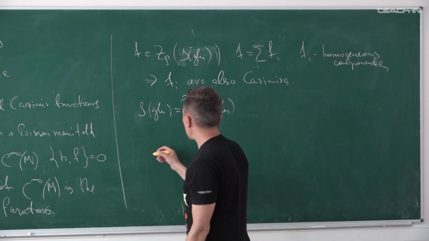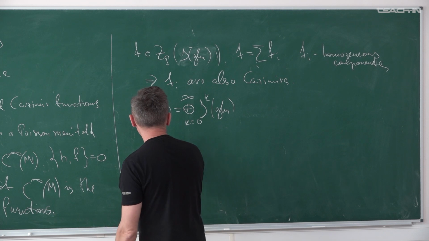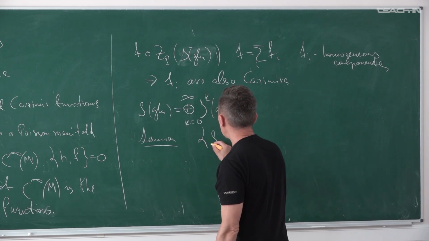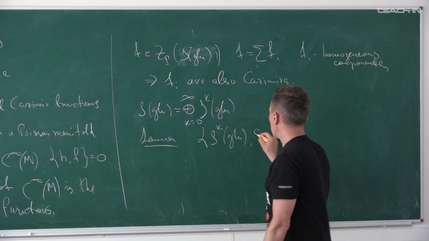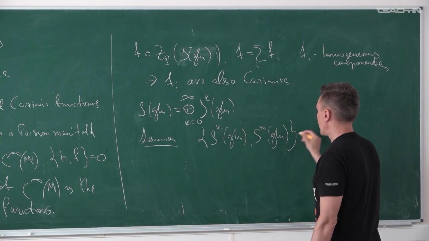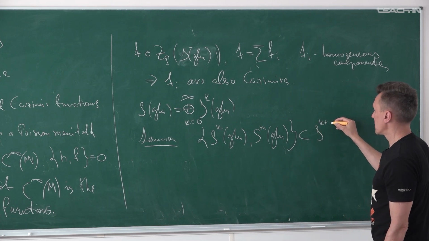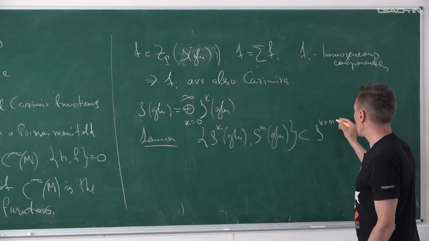Lemma: the bracket of S^k gl_n and S^m gl_n lies in S^(k+m-1).